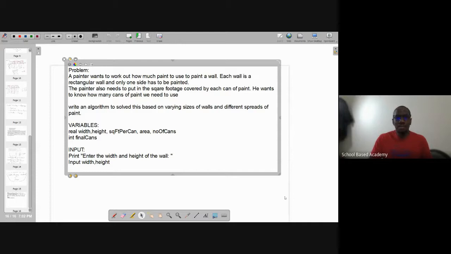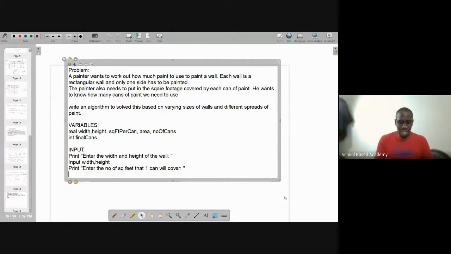Afterwards, I can prompt the user again: enter the number of square feet that 1 can will cover. And again, I do the same. I say input SQ FT PARCAN. Input square foot per can.